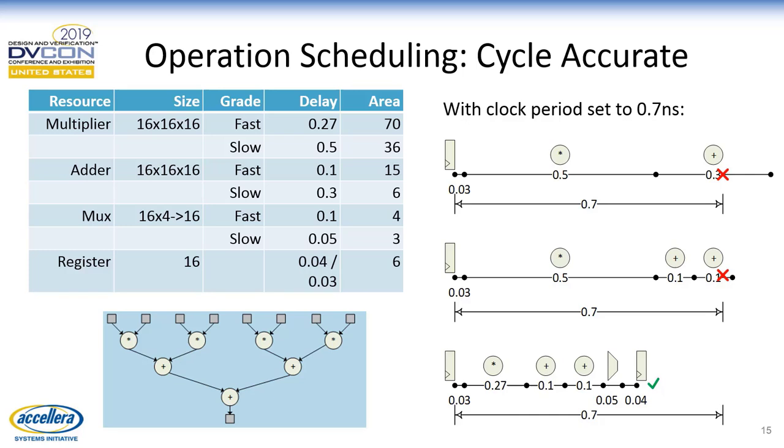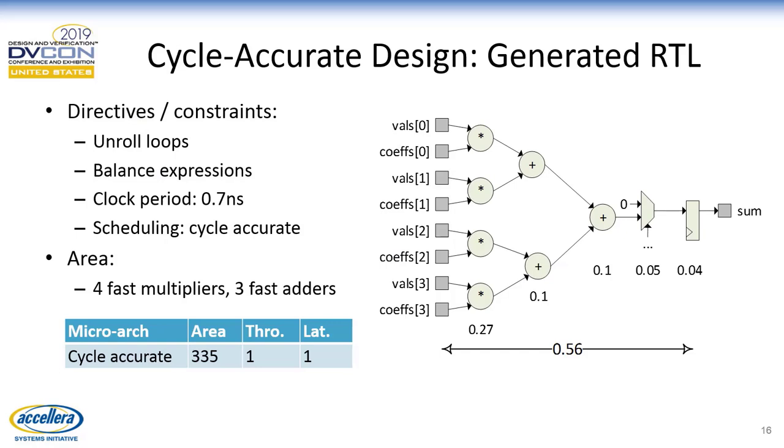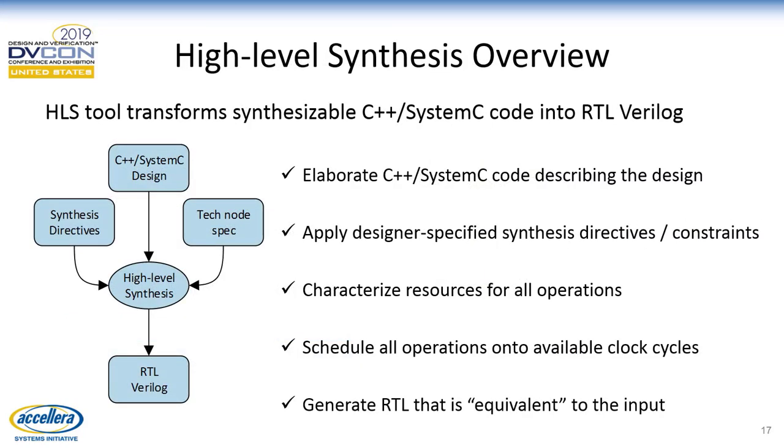So the HLS tool tried all the combinations of fast and slow, and it can go in between and see how much logic it can pack in a cycle. And this is what we get: 4 fast multipliers, 3 fast adders, the area is 335, the delay is 0.56. With that, we can generate RTL, simulate it, and this is great.